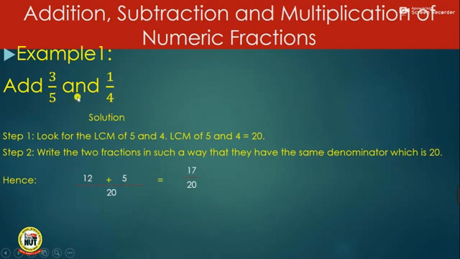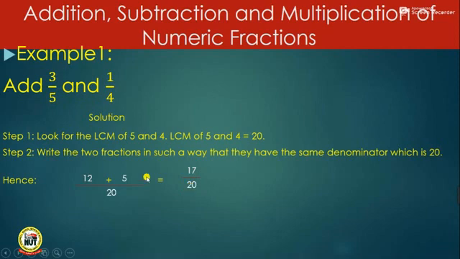So the two fractions, you've written them in such a way that they now have the same denominator. 12 plus 5 is equal to 17. Then your denominator is 20. So 3 all over 5 plus 1 all over 4 is equal to 17 all over 20.